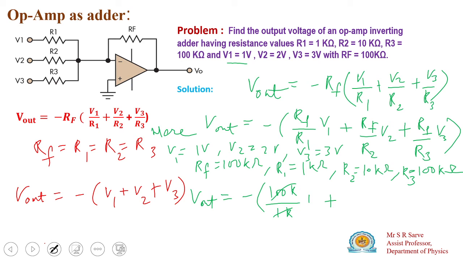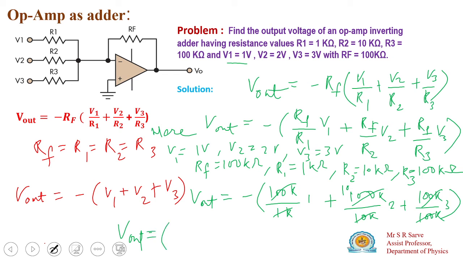Second is the feedback resistance 100 kilo ohm, and R2 is equal to 10, so 100k over 10k into the second voltage, which is 2, plus 100k feedback resistance over the R3 resistance, 100k, and the third voltage is 3. So this will have the value 1, this will be 10, this will be 100.